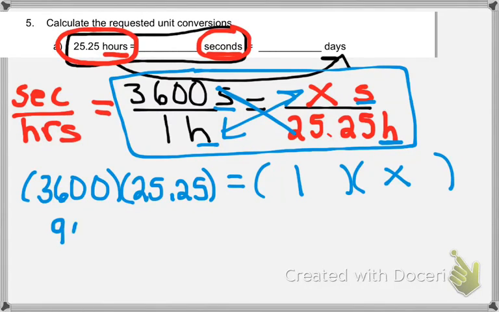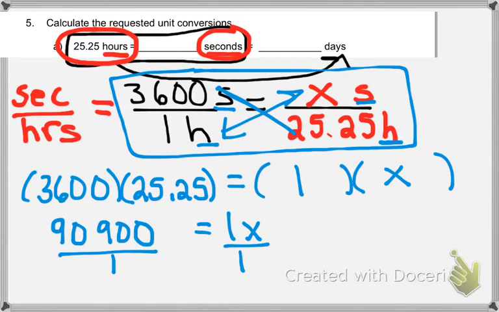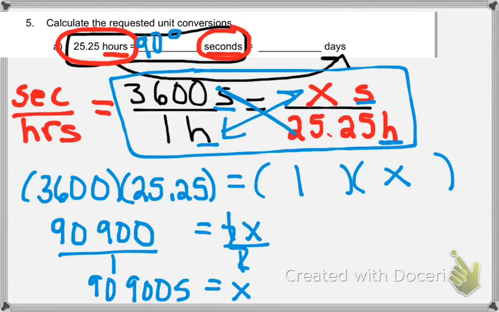So this equals 90,900 times 1x. You want to get x by itself, so you divide both sides by what you want to get rid of. So x equals 90,900 seconds. 90,900 seconds in the answer box.